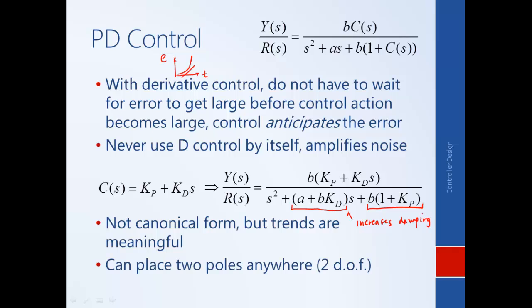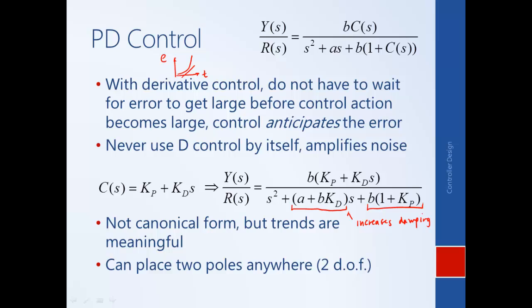Okay. One nice thing about this type of controller is that it's 2 degree of freedom, just like the PI controller we showed earlier with that earlier example. That is, we have a second order system with 2 poles, and we can place those 2 poles anywhere we'd like by tuning the Kp gain and the Kd gain.